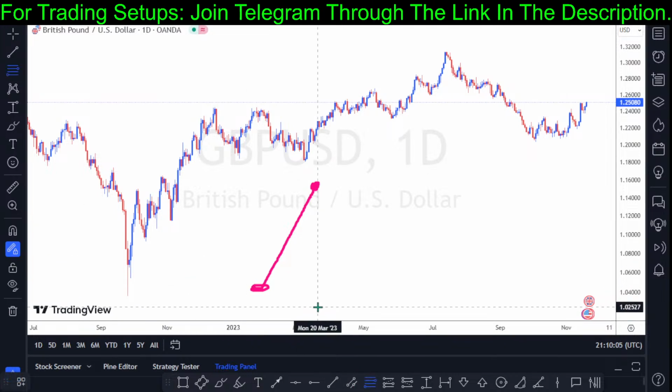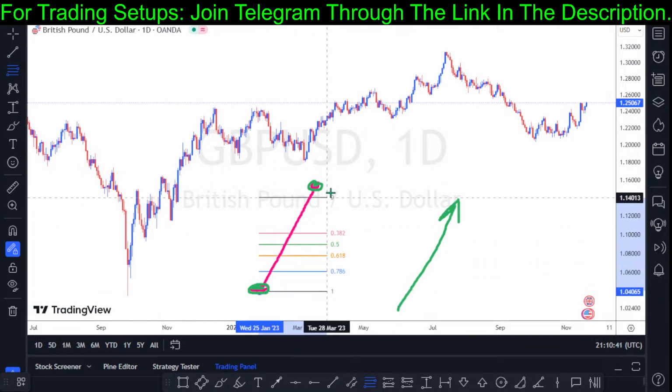Kingsley asked a question which says, what does it mean if it is a 0.5 on the Fibonacci retracement level? So let's say, for instance, the market is moving in an upward direction from the swing low right here to the swing high right here. And the Fibonacci retracement is drawn from this level to this high.